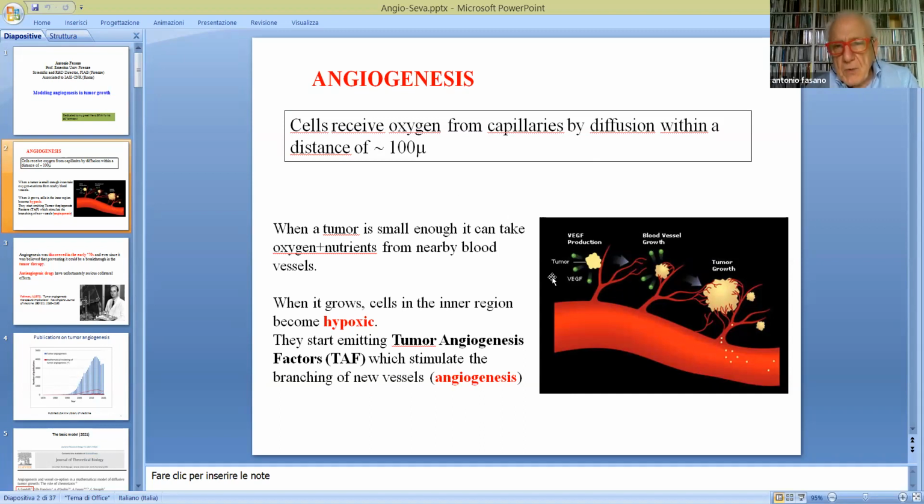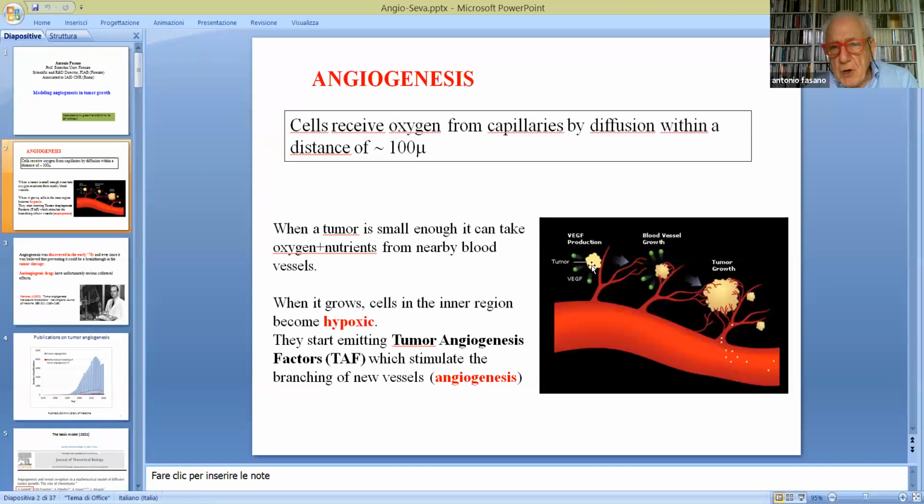So what happens when a small tumor grows? Here we have a small tumor, and the tumor, of course, is void of any blood vessel, and its life depends on the nearby capillaries, which exist in the host tissue.